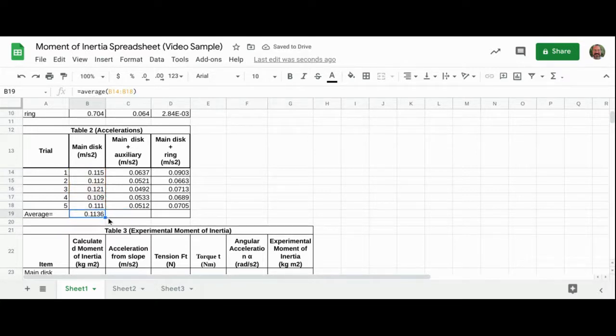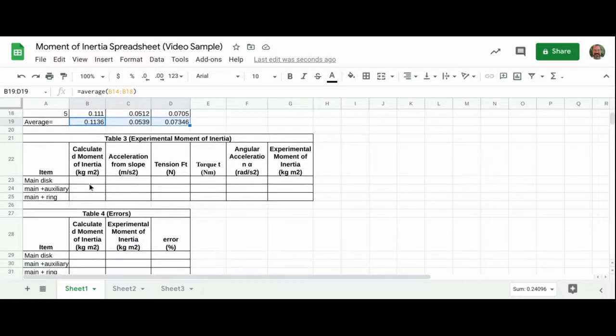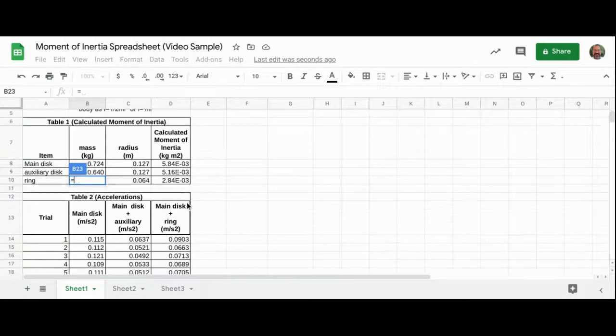I then pull this sideways so that I have it auto calculated for the main disk and the auxiliary and the main disk and the ring. I now come down to the calculated moments of inertia. And so I'm going to hit equals, and I'm going to come up to the top, and I'm going to hit calculated moment of inertia for the main disk.